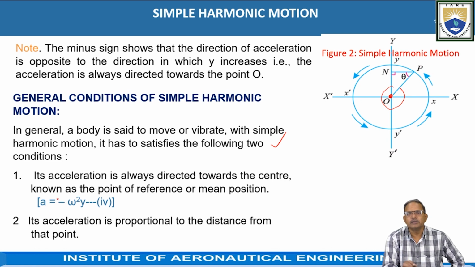That is, the magnitude increases as the y value increases. In other words, the acceleration is proportional to the distance from the mean position, and the acceleration always acts in the direction opposite to that in which the body tends to move, or in other words, it is always directed toward the center position.